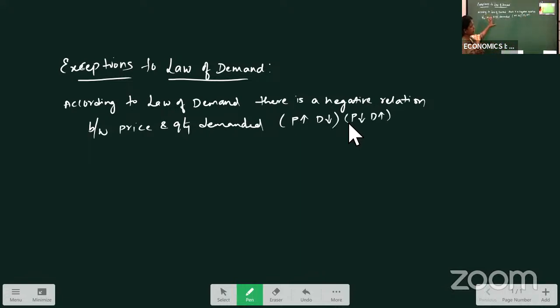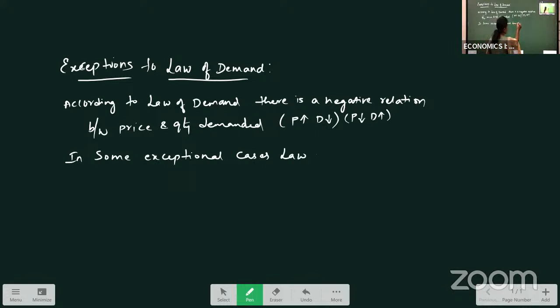This is in general. For all commodities in general, when price increases, demand decreases. But it is not applicable to all types of commodities, not every time. So we can say in some exceptional cases, the law of demand is not applicable.